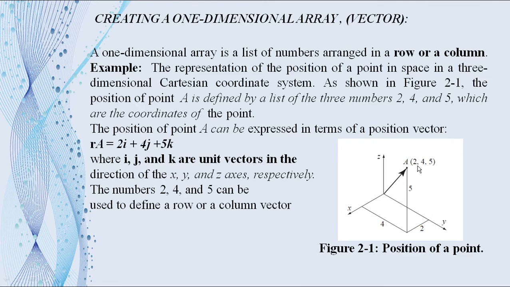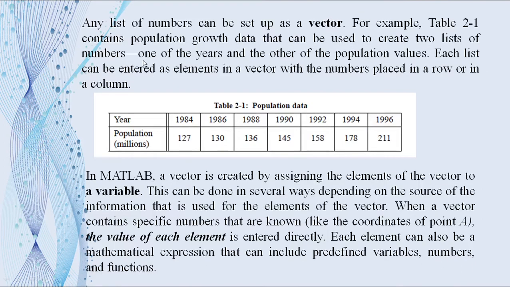So this is the position of the point A they are talking about. It is given in terms of 2, 4, 5. When you want to get the value in terms of row wise or column wise, we can denote it. How we denote it, we'll see in the next slides. Any list of numbers can be set up as a vector. For example, Table 2.1 is a table of population data.